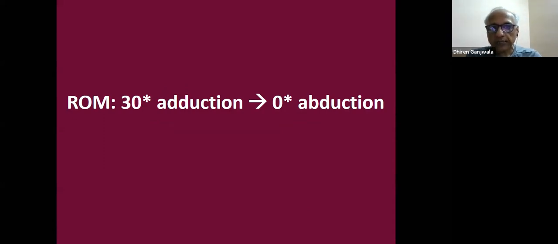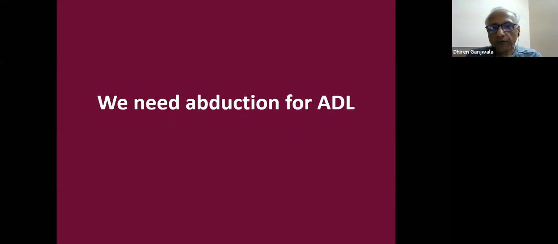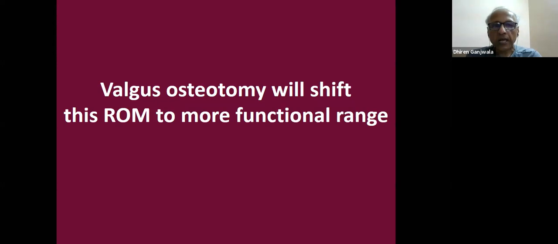Suppose there is a person who has 30-degree adduction, and further abduction is possible only up to 0 degree. So now this person is lacking abduction completely. We know that we need abduction for daily activities like walking. So in that case, valgus osteotomy will shift this range of motion, whatever range the patient has, to the functional range.